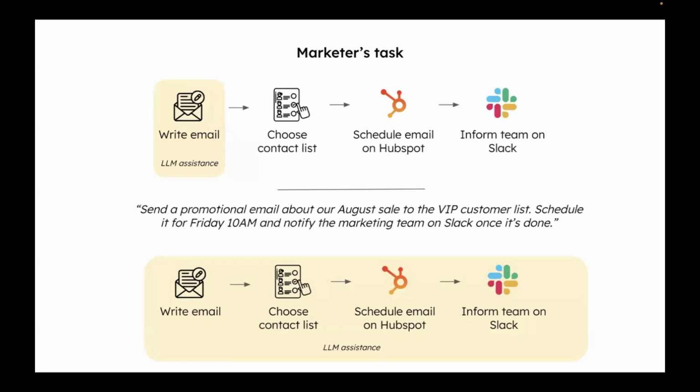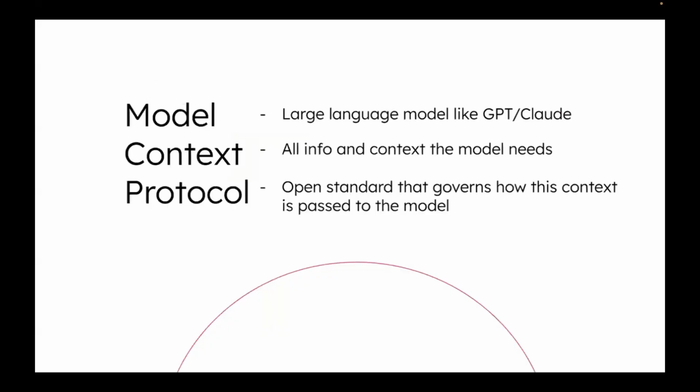So let's actually understand what model context protocols are. If I had to break it down for you, model refers to a large language model like GPT or Claude, to which we would be sending in the prompt. Context refers to all the information and context that the model needs to understand and act intelligently.